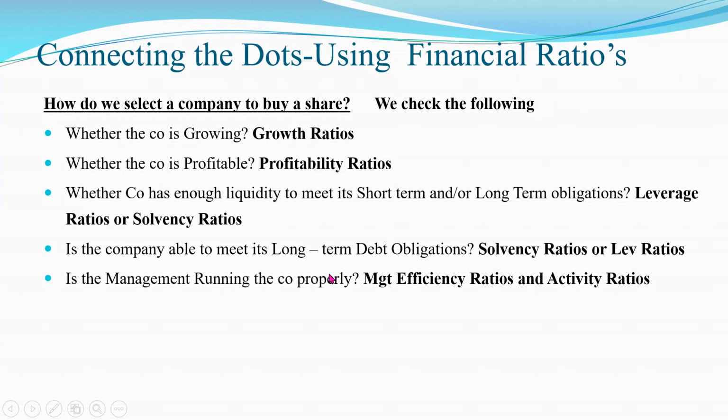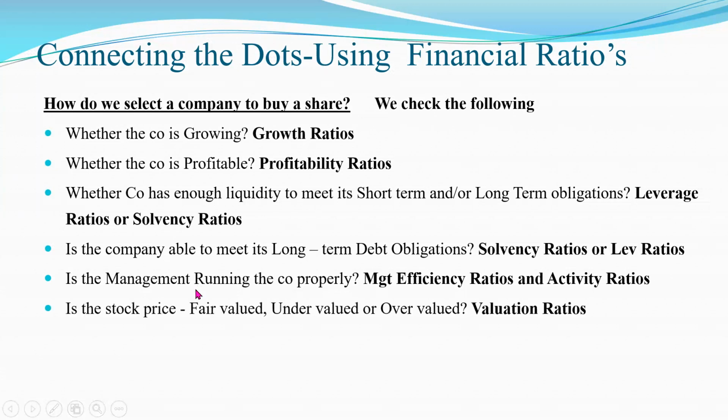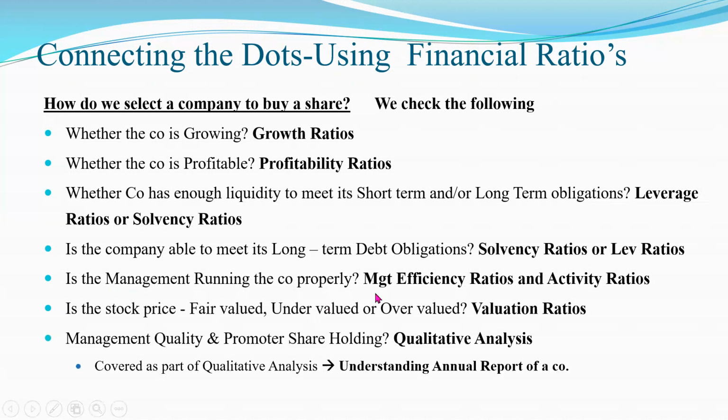Then whether the management is running the company profitably and effectively, whether activities are good and it is very well managed. Is the stock price valued properly? Am I looking at fair value stocks only, or undervalued? Today we saw one stock which was quite undervalued. And management quality, the promoter and the shareholding, one can understand from the annual reports of the company.